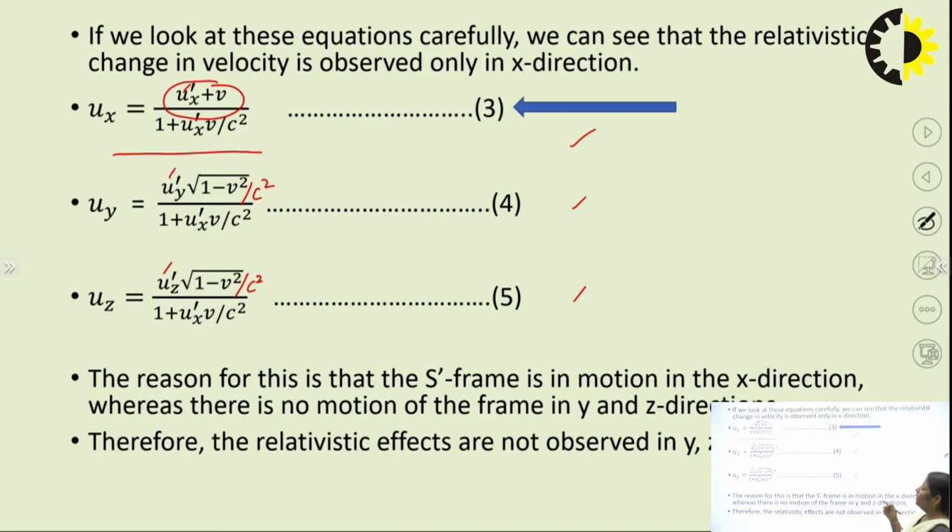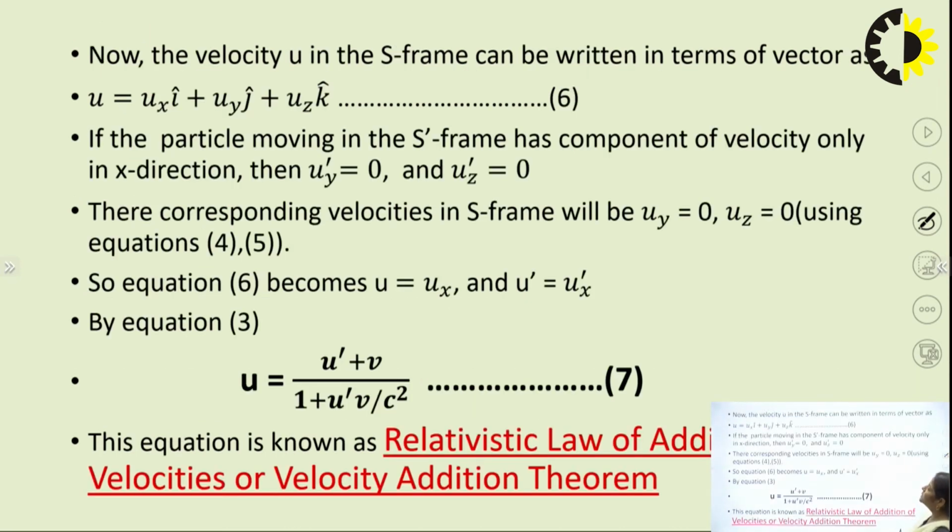All right. So now what happens? We can also combine these equations and develop a universal equation which will represent all these three equations in components. So how do we combine? We combine them in terms of a vector. Suppose we write down the velocity vector u for the S frame.